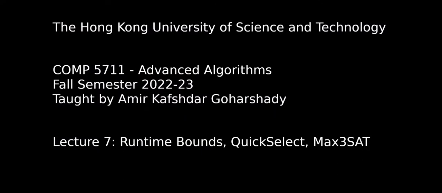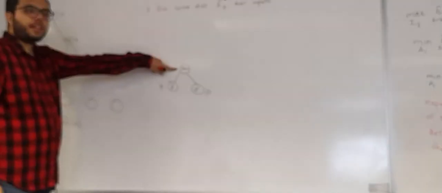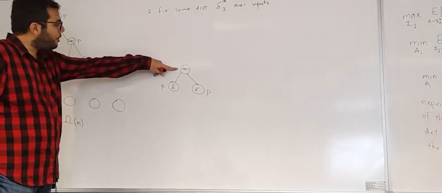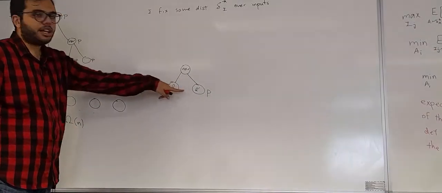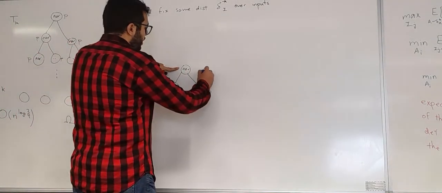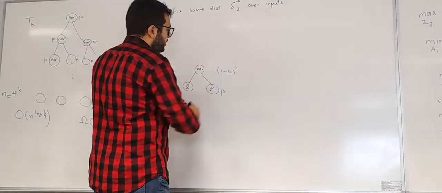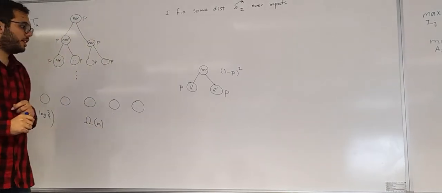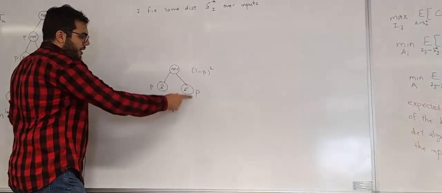This one evaluates to 1 with probability P, and this one also evaluates to 1 with probability P. But the parent evaluates to 1 only if both of these have evaluated to 0. So the probability that the parent evaluates to 1 is (1 minus p) squared. But I want this to be the same as p.